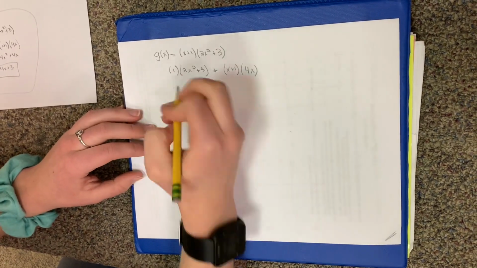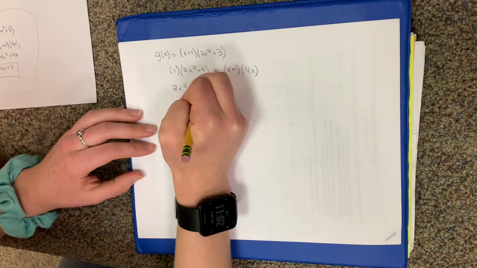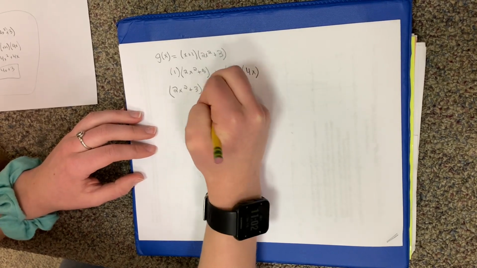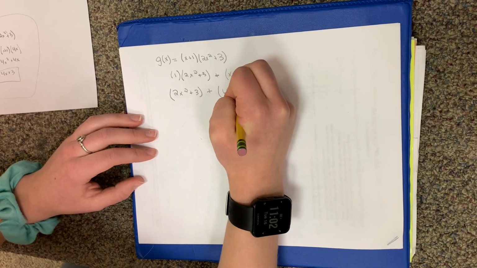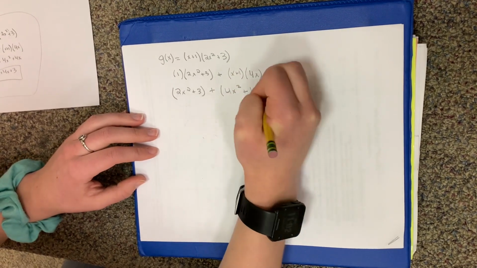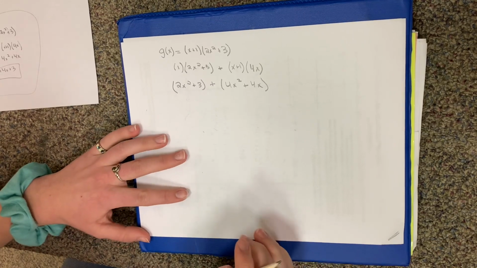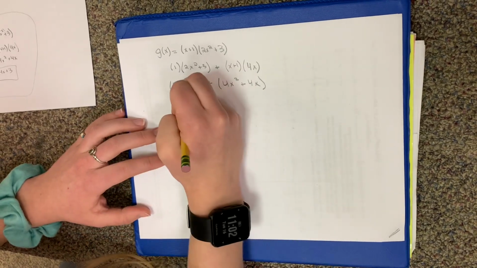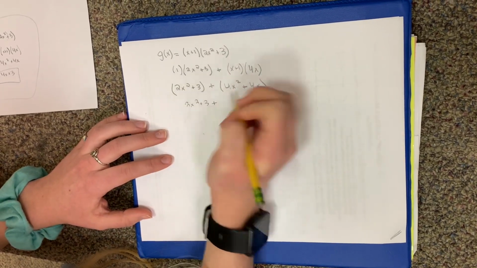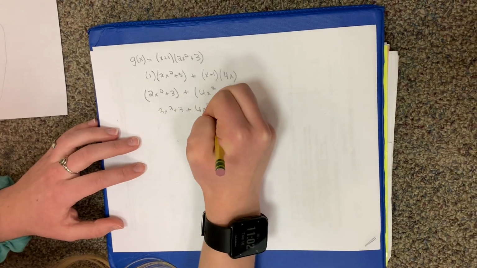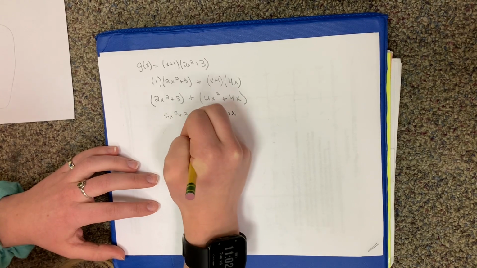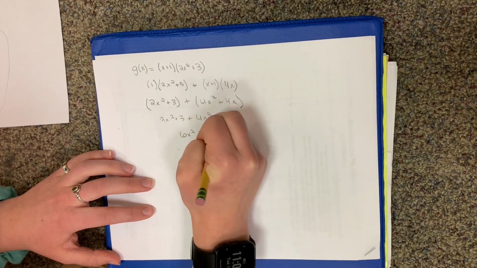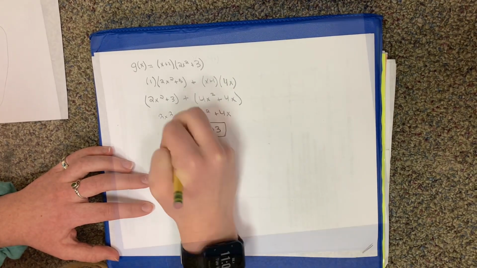And then multiply that out, and we get that, and then combine them. And then the answer is 6x squared plus 4x plus 3 for the derivative of g of x.